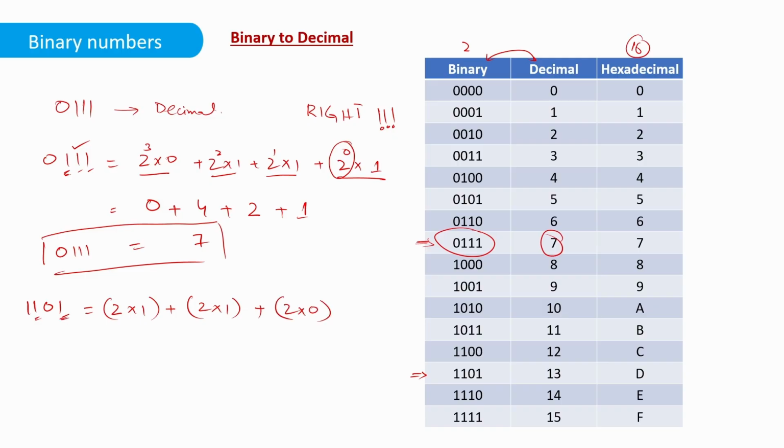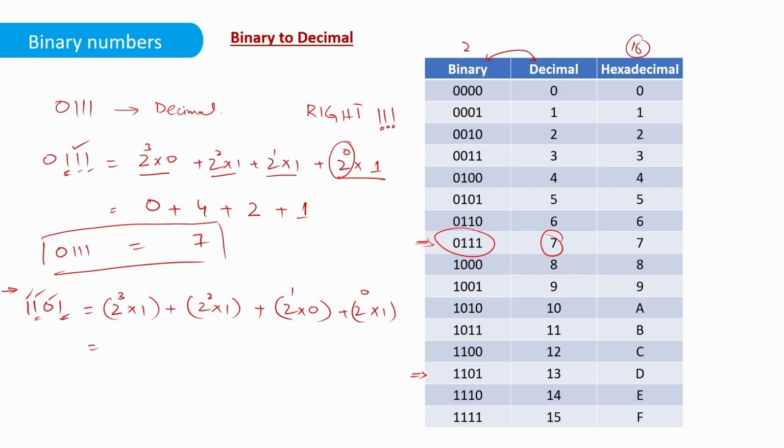Then for the last digit, which is 2 times 1. You can see when I do this multiplication, I start from the left-hand side. First I multiply with this digit, then this, and so on till the right-hand side. But when I write these powers, that must always start from the right-hand side. So 2 power 0, 2 power 1, 2 power 2, 2 power 3.